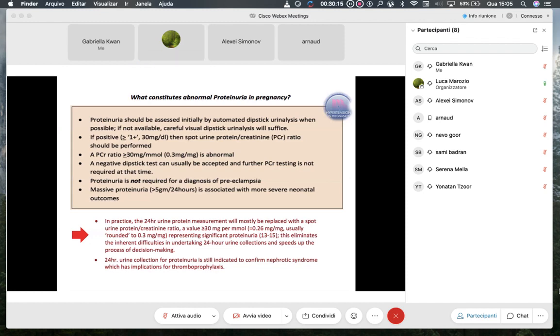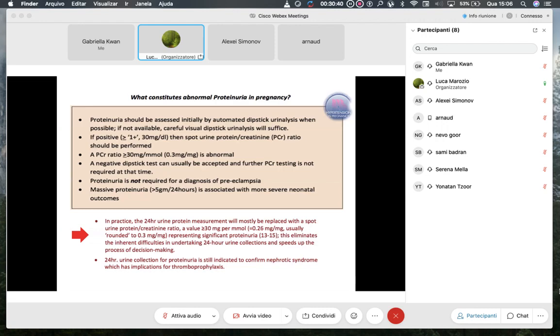But that means that you need to wait 24 hours to make a diagnosis. Now things have changed a little bit and are simpler, because proteinuria should be assessed initially by automated dipstick analysis when possible.